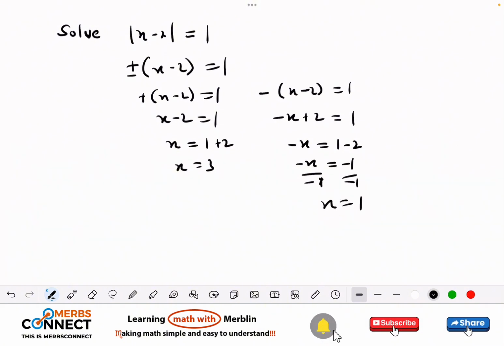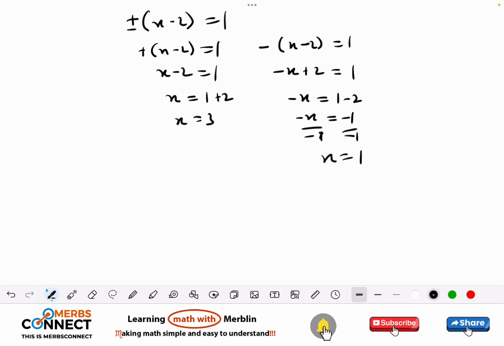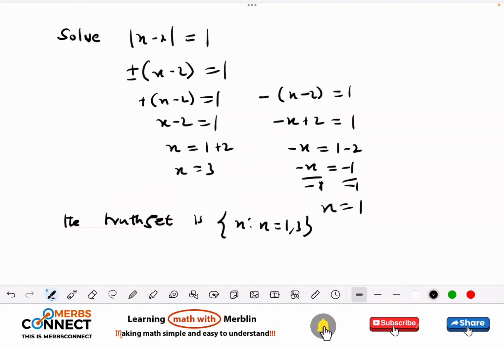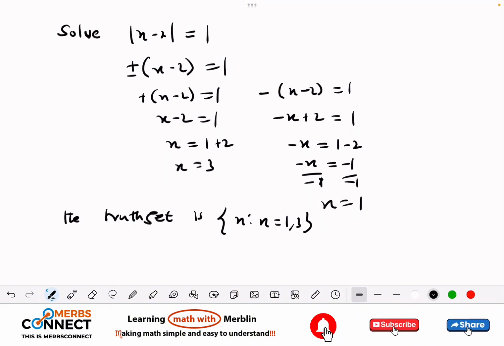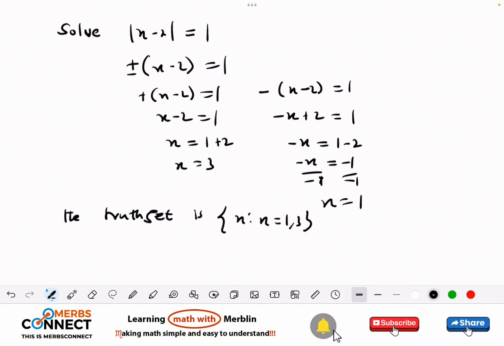So you see that I've gotten them. So I can say that the truth set is S such that S is equal to 1 and 3. So this is one side, right? This is how I can go through the solution this way.